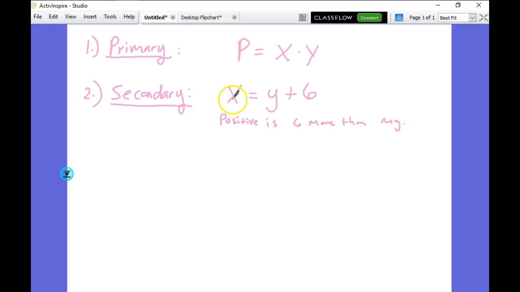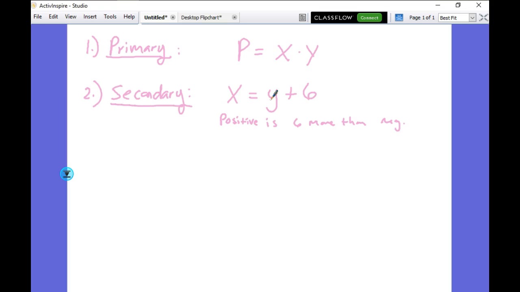If this is 6 more than that, the X has to be the bigger one, which means X has to be the positive. So it's kind of good to know what your variables represent. So we have P, which represents their product. We have X, which is the positive number. We have Y, which is the negative number. All right, now we're ready for that next step.